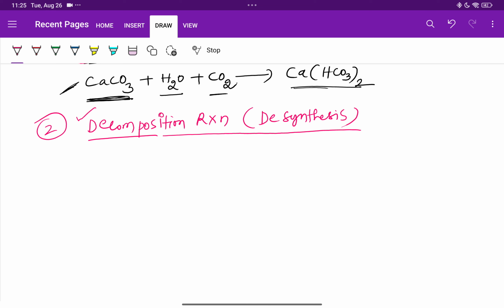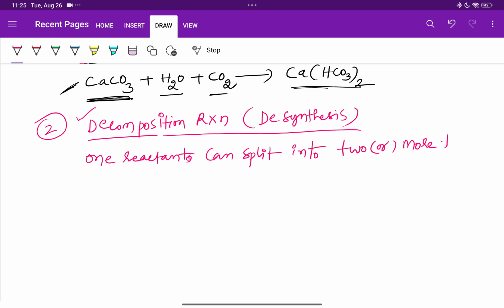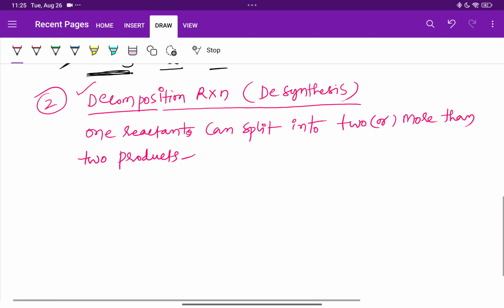So what is the definition? One reactant can split, nothing but break, into two or more than two products. Then it is called decomposition reaction.